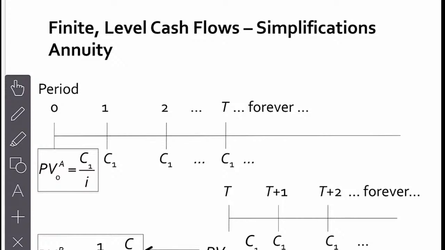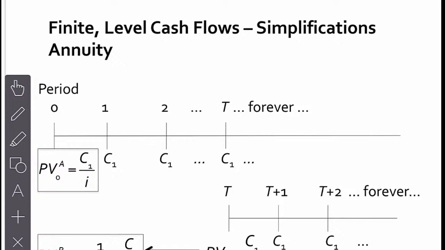These are the conditions of an annuity: you have level cash flow, so C1 is the first one, and then they're all the same as that one. So I use the notation C1, C1, C1. And then it stops, right, at period T. That's how the formula works. That would be an annuity. What would be a perpetuity would be that it went on forever with the same level, and this would be the formula.